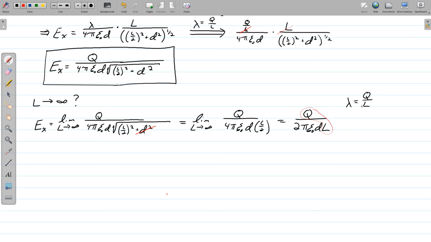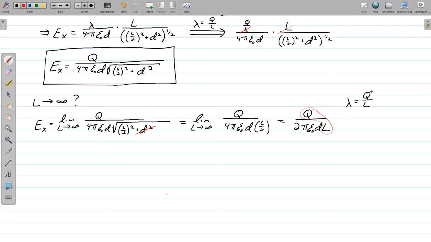It's a good thing we have that, because just because L goes to infinity, that makes you want to throw infinity in here and say the bottom of the fraction goes to infinity. But if it's infinitely long, then the charge is going to go to infinity, because for every length there is a charge to it. That's why we have this ratio right here.